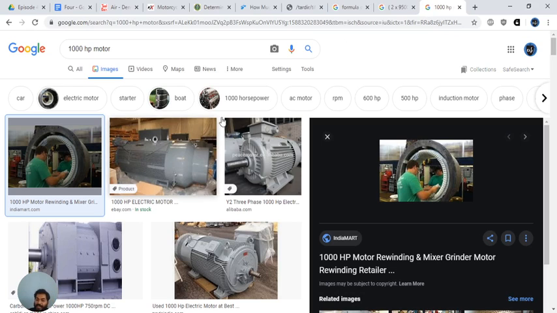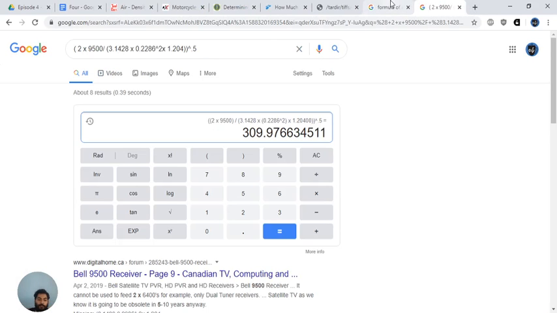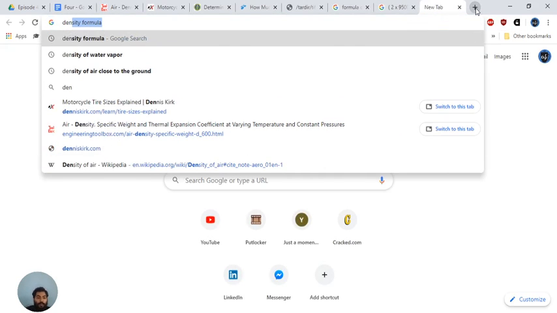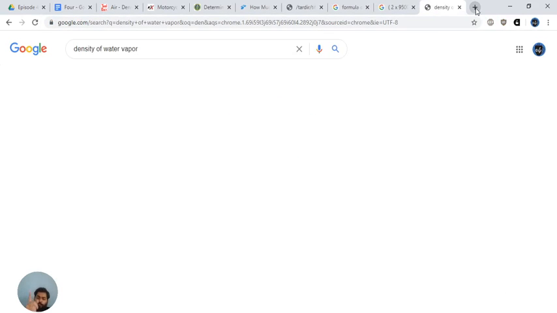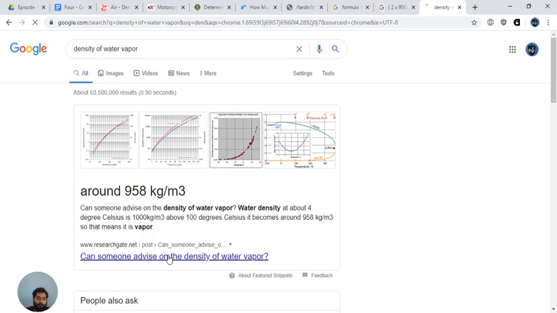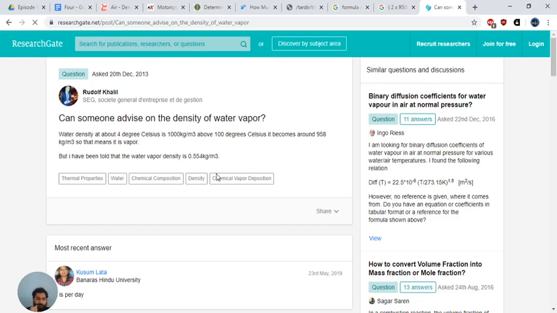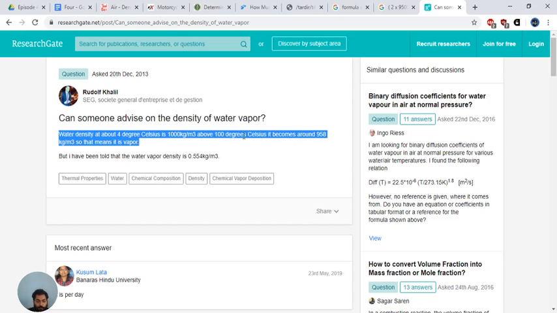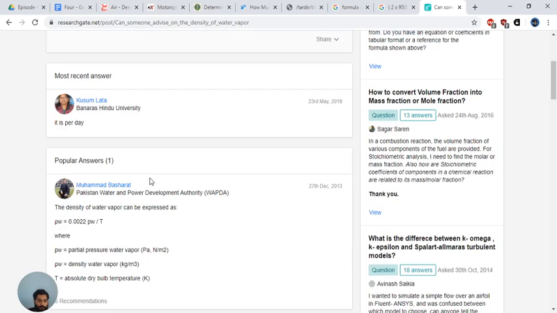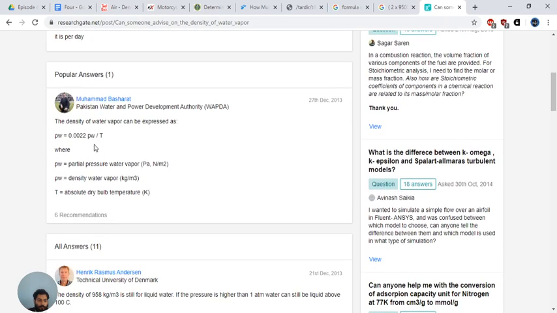Remember I was talking about steam powered turbines? I'm going to explain something else. Density of water vapor. At 100 degrees Celsius, it becomes 958, right?